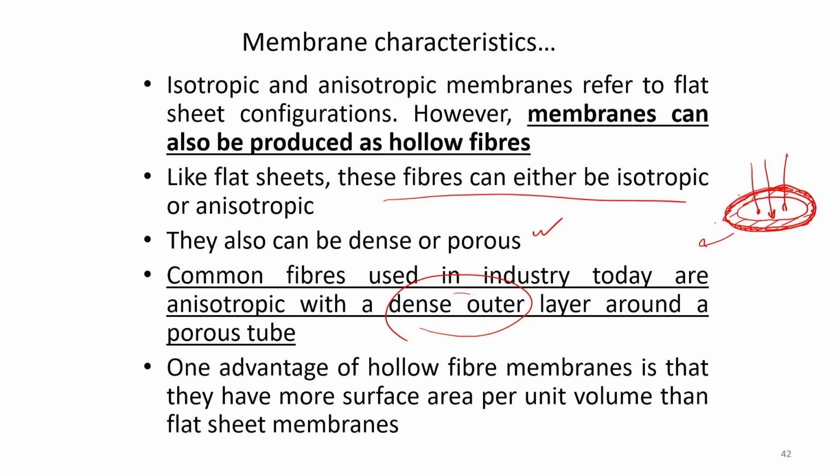So, one advantage of the hollow fiber membrane is that they have more surface per unit volume than the sheet form. So, we can create a higher surface. Pressure drops will not be that high, and typically a large volume of water can be filtered.